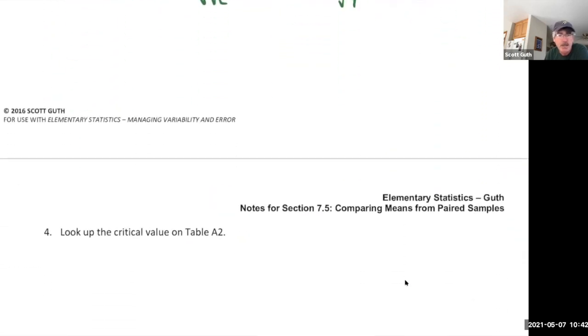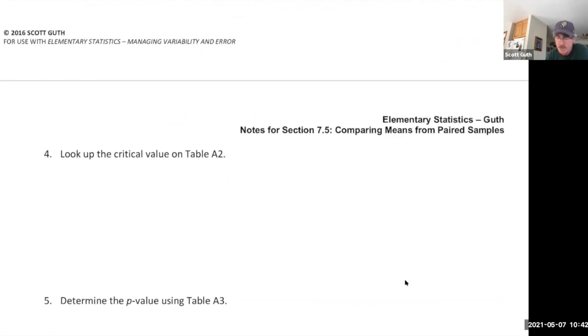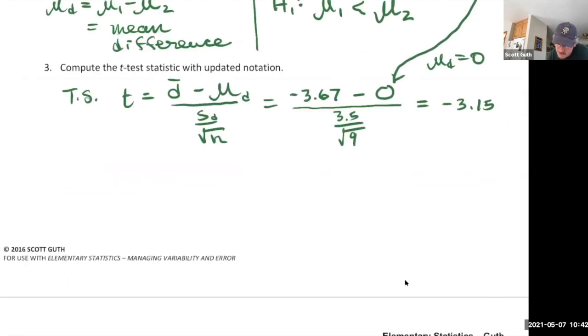Okay, so we have to do a critical value now. So this is table A2. We've used it lots of times. Okay, so for degrees of freedom, because we're doing a t statistic here, t's always have degrees of freedom. That's n minus 1. So 9 minus 1 is 8 degrees of freedom.